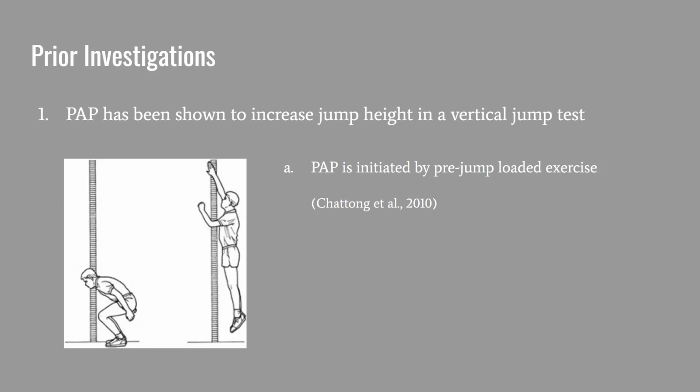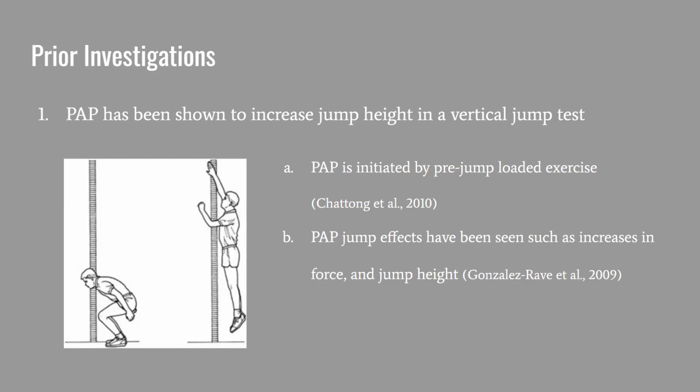And as Ben said, it is initiated by a pre-jump loaded exercise. So this is generally doing a certain exercise a few minutes before, a relatively short amount of time, before the actual vertical jump test with some sort of load on your body, with resistance training. And then effects have been seen in the research, mainly as increases in jump height and in force production or in impulse, although there are also other effects that could be seen.